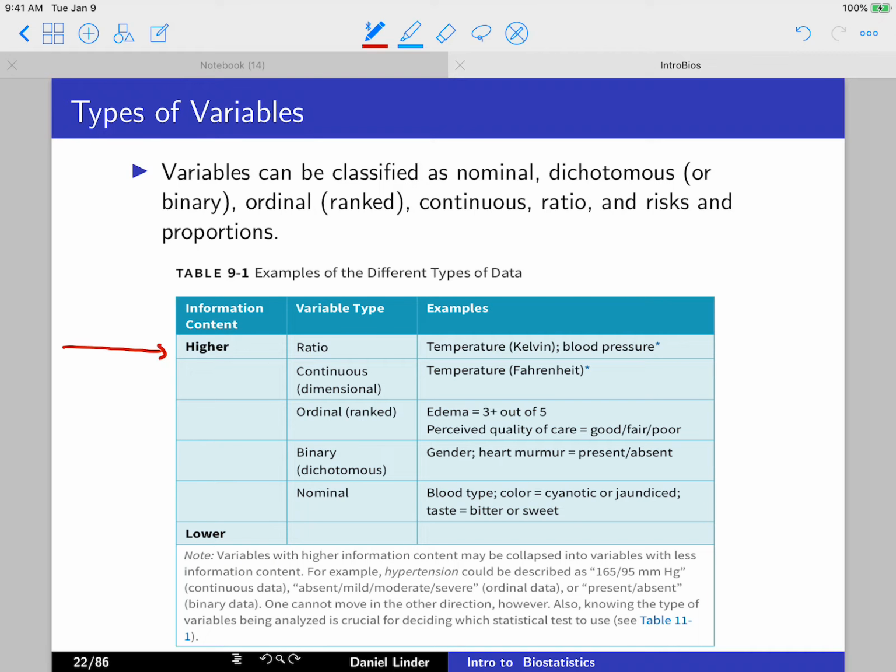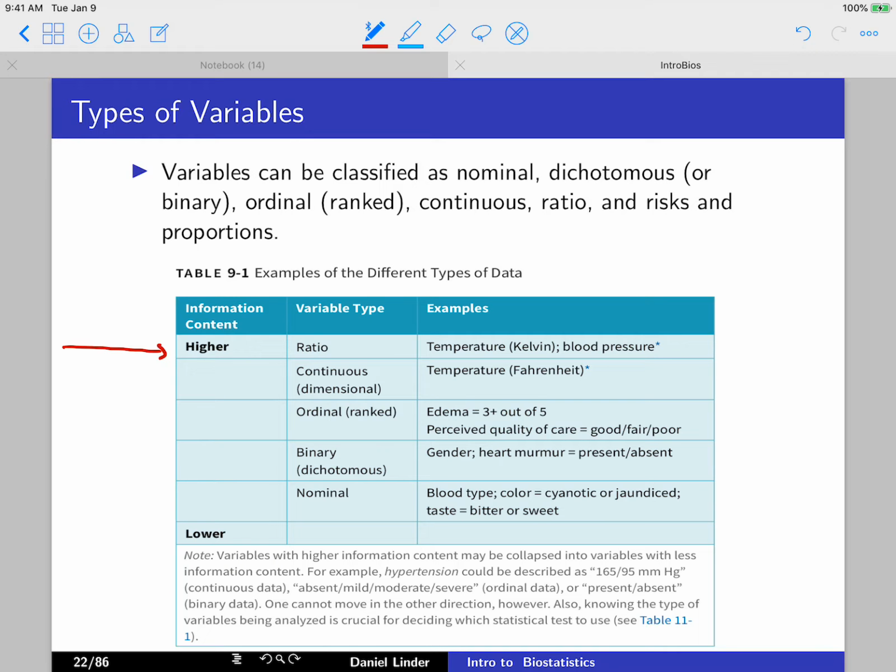And temperature in Kelvin would be considered a ratio variable because you do have an absolute zero in the Kelvin temperature scale. Whereas in the Fahrenheit scale, zero doesn't mean absolute zero. It doesn't mean the absence of heat. Whereas in the Kelvin scale, zero means the complete absence of heat.